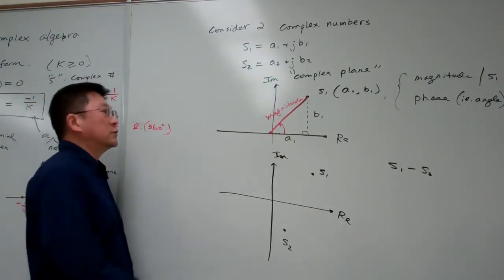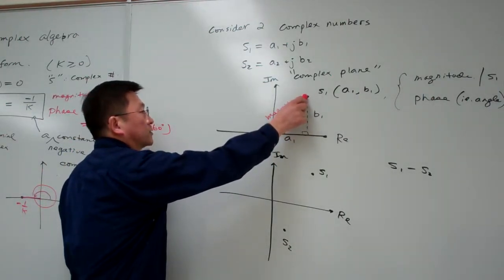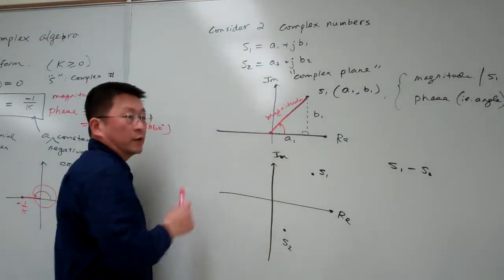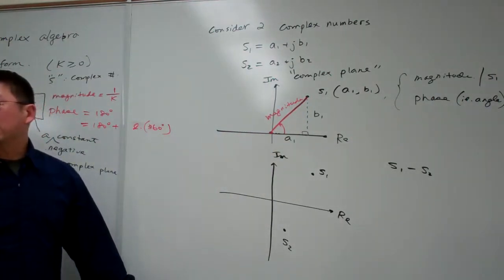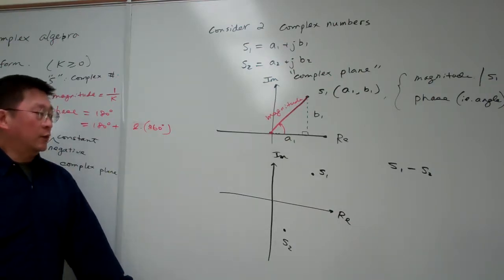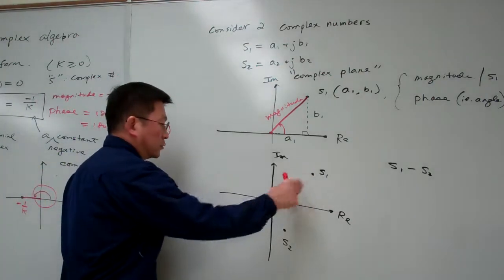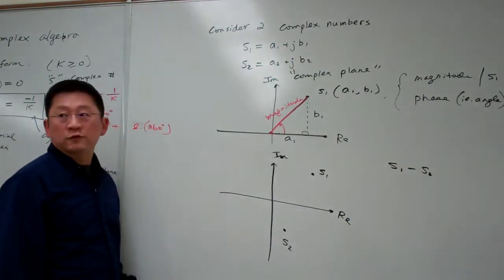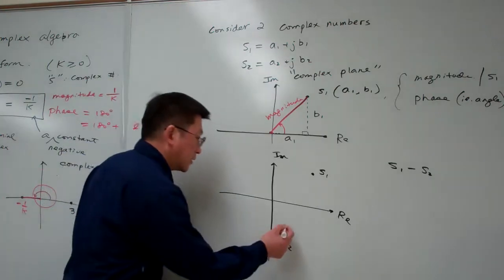If you wish, you can visualize S1 as a vector pointing from the origin to where it is located. Right now I am borrowing the concept of vectors in Cartesian coordinates. So this is a vector, this is another vector. This represents the difference between two vectors.